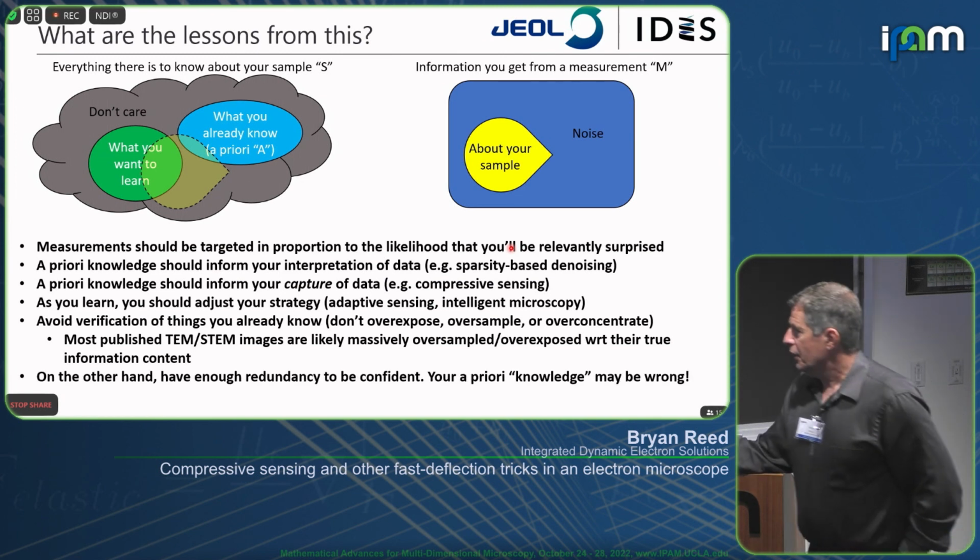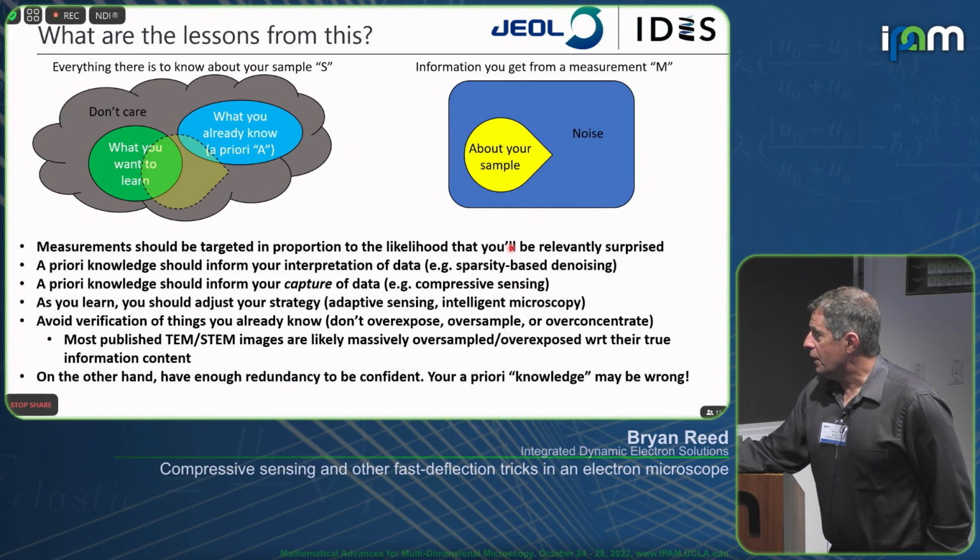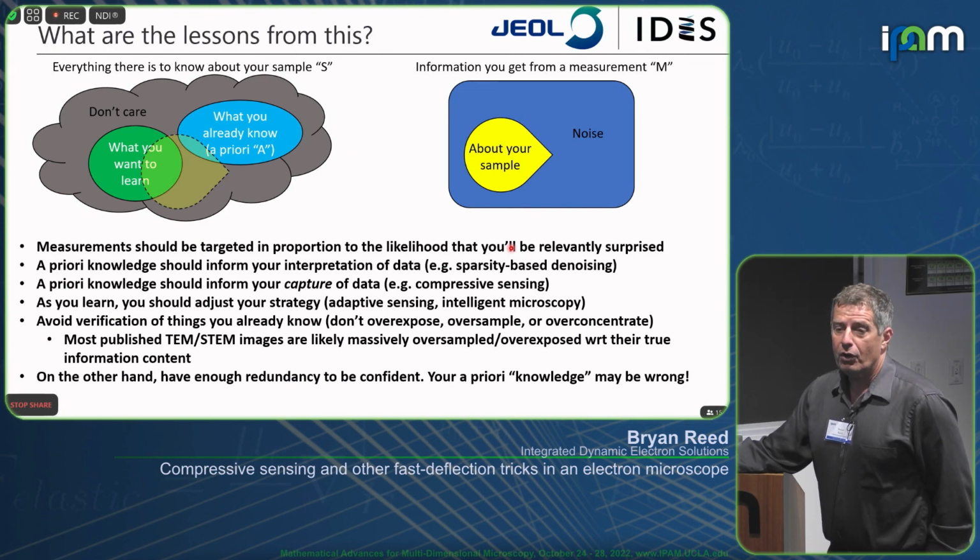And on the other hand, you need to have enough redundancy to be confident. Your a priori knowledge might be wrong. There have to be enough checks in your system. I might not have a huge amount of time left. So anyway, you need quantitative statistical models to do any of this.